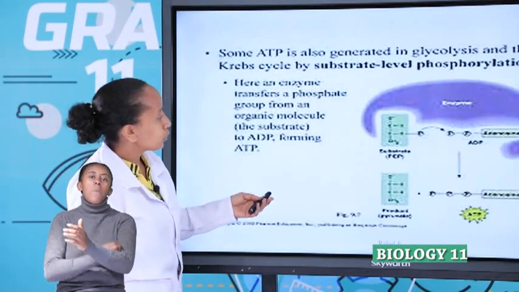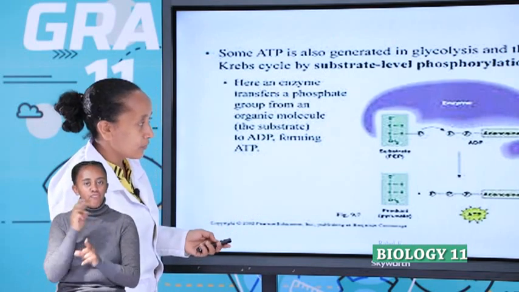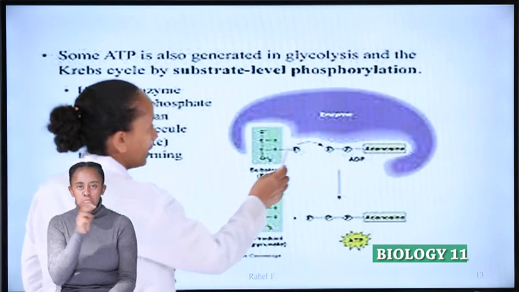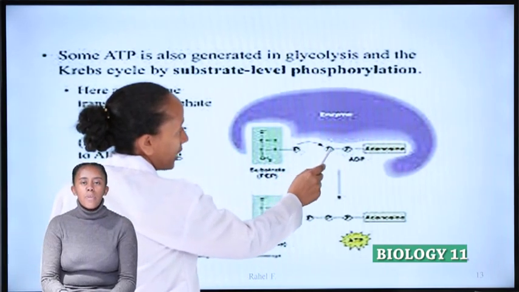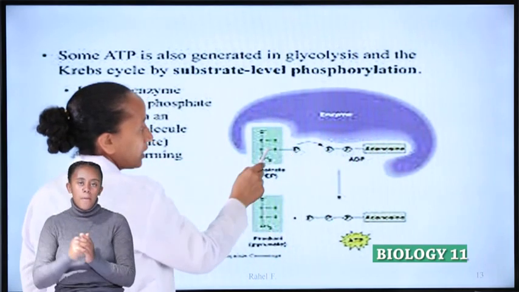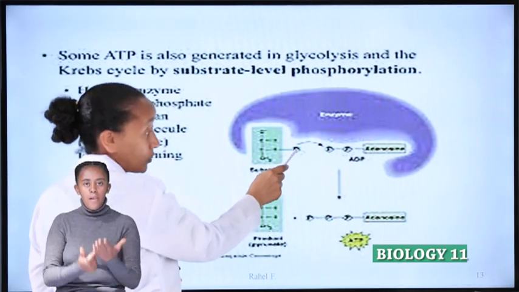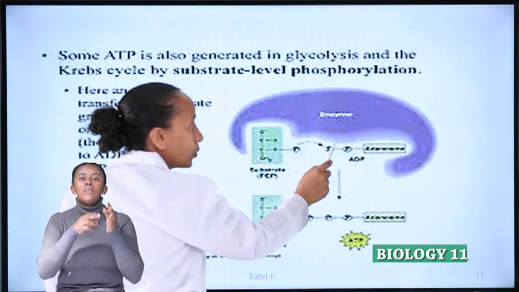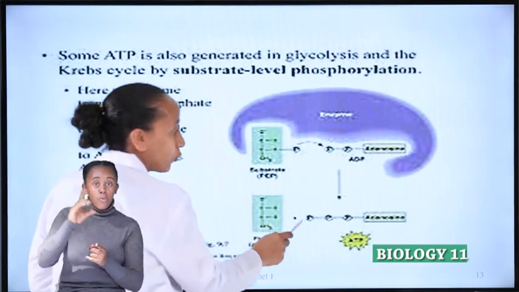Here, I'm not sure the diagram is visible for you, but for the sake of understanding, here we have adenosine diphosphate, and this one is a substrate with phosphate, and this substrate will transfer the phosphate to adenosine diphosphate to form what?